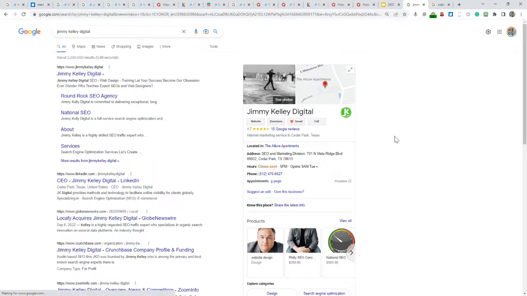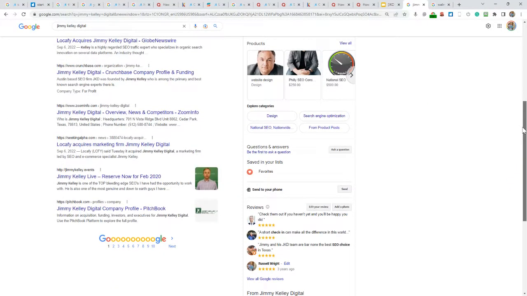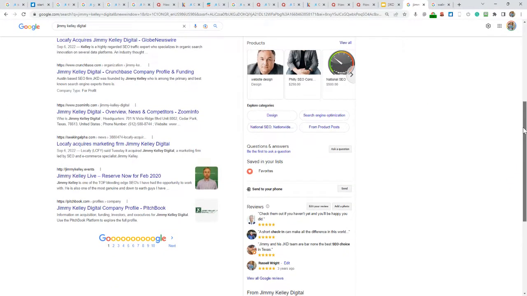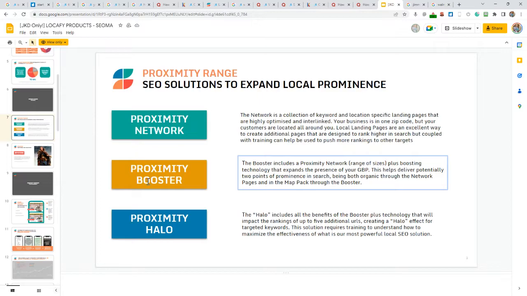This is located in Austin, Texas, but you can see that the Google My Business, now called the Google Business Profile, is nationally ranked. In fact, I can look at this from whatever IP address I'm at in any country, and you can see that not only does Jimmy dominate most of these pages, this particular knowledge panel, which is a local knowledge panel, is available as well. That was done through a proximity booster at a high level.